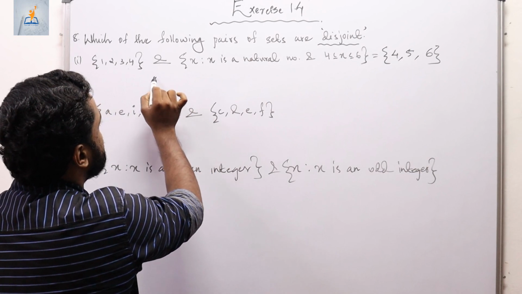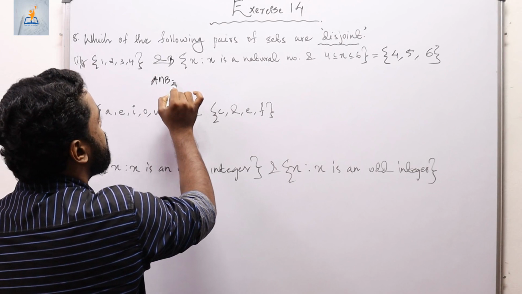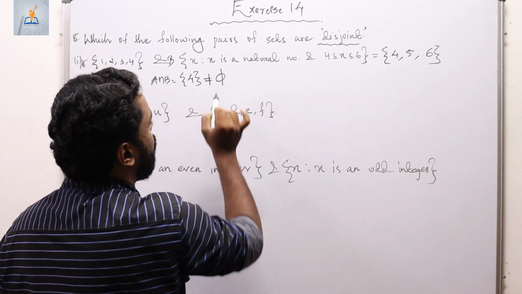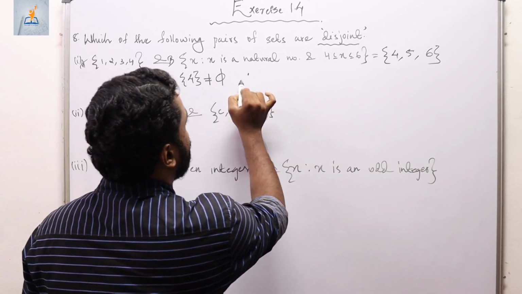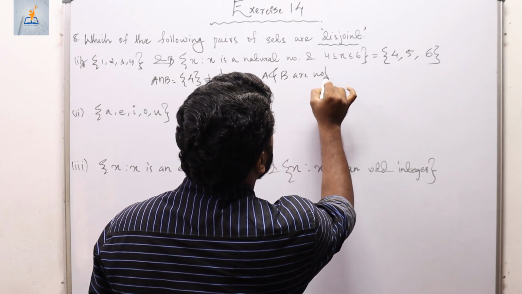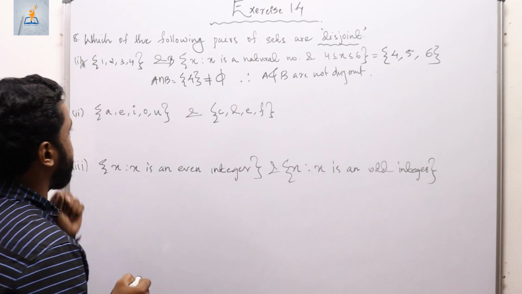Since we can name this as A and this as B, A intersection B is nothing but singleton 4, and this is not equal to a null set. Therefore A and B are not disjoint here. Clear?